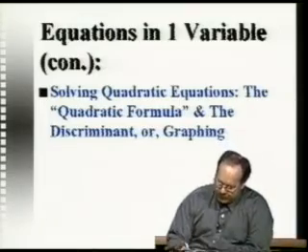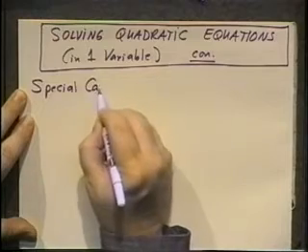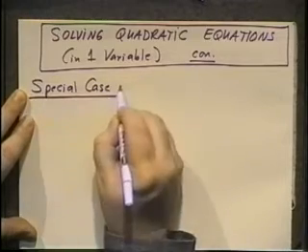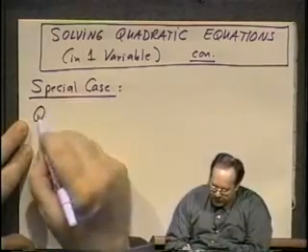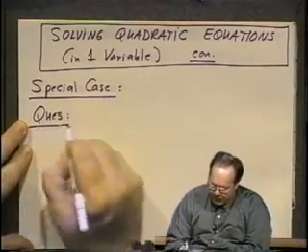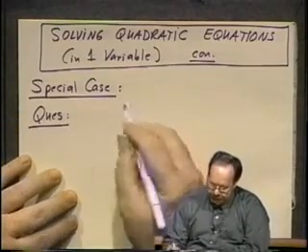And first of all, before we do anything in general, we're going to work this by looking at a special case first. Now the special case, here's the question, and then we'll answer it by finding a solution by doing a derivation.